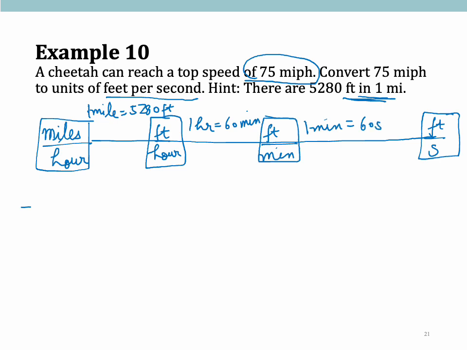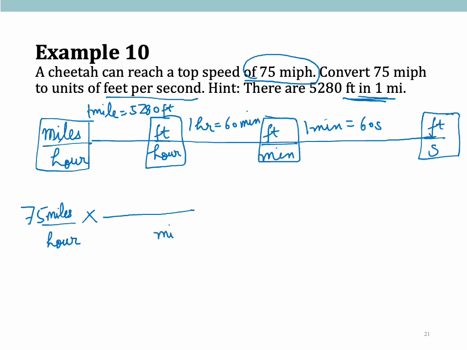So we start with the number that's given, 75 miles per hour, times a factor that comes from here. Because it's slightly confusing when you write mph like this, to make our life easier, we will write it as miles per hour, meaning miles divided by hour. So first conversion is I need to convert miles to feet.